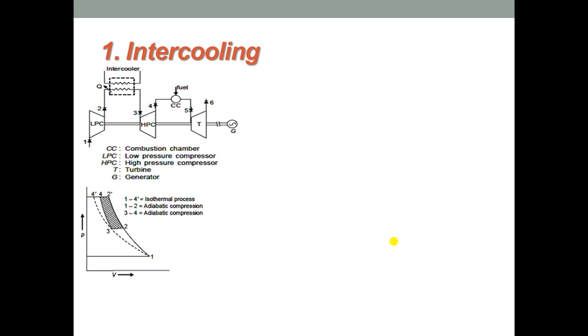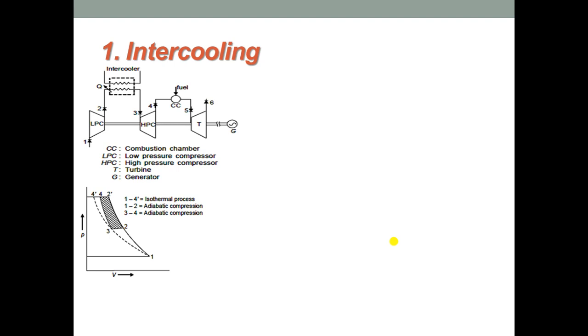The reason behind this is a common shaft is used to drive the compressor with the help of a turbine, thereby leading to decreased efficiency of the cycle.